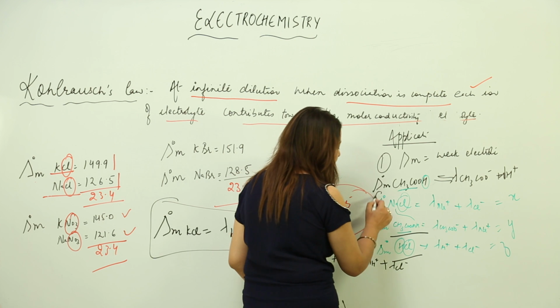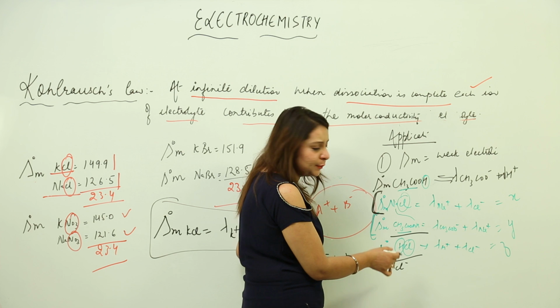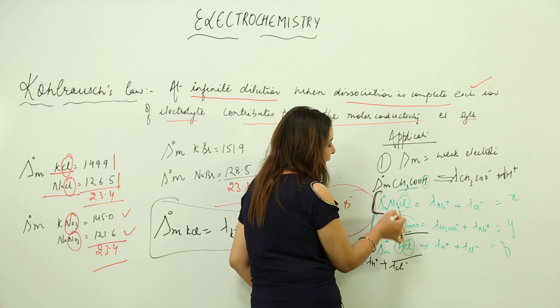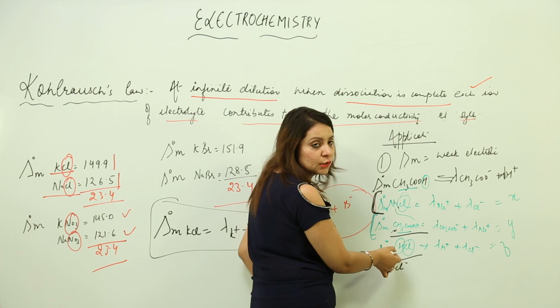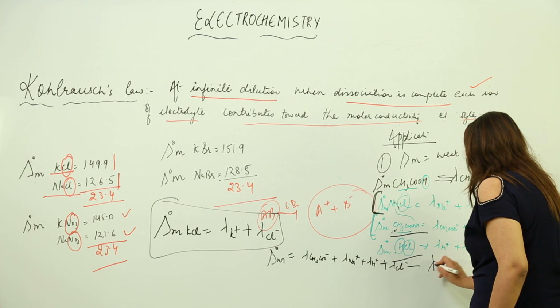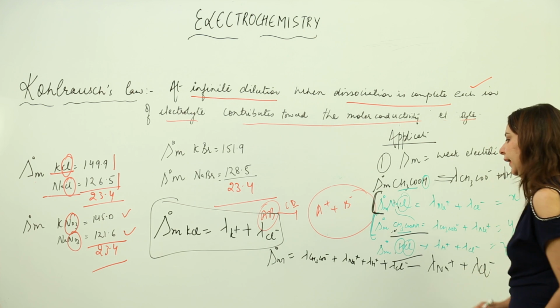It contains ions similar to both of these, because it is the electrolyte with common ions. So just subtract it from here: minus lambda Na positive plus lambda Cl negative.